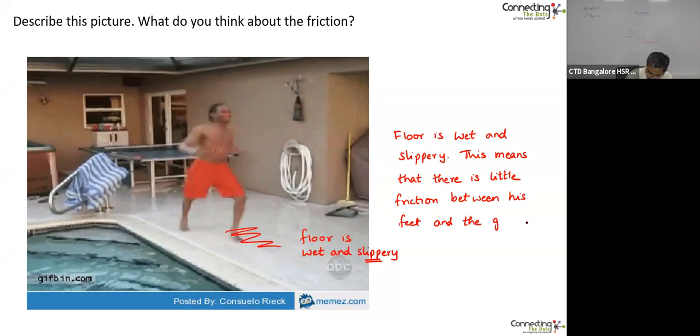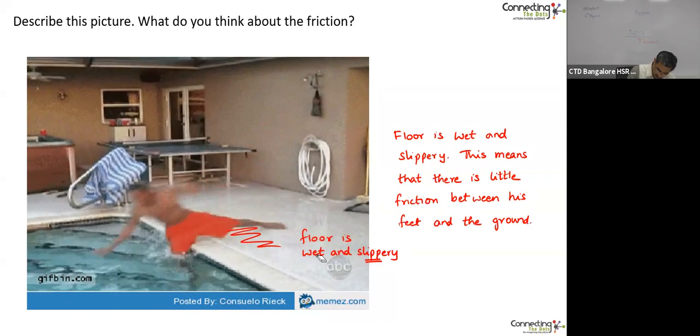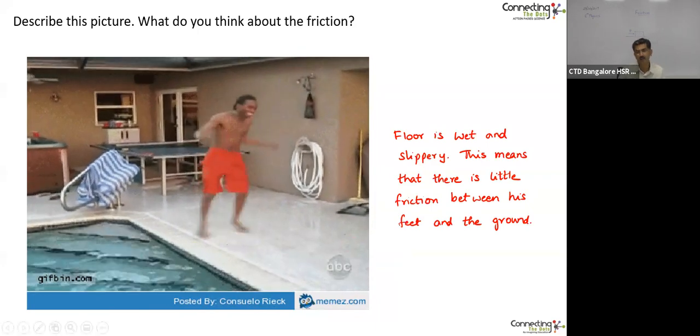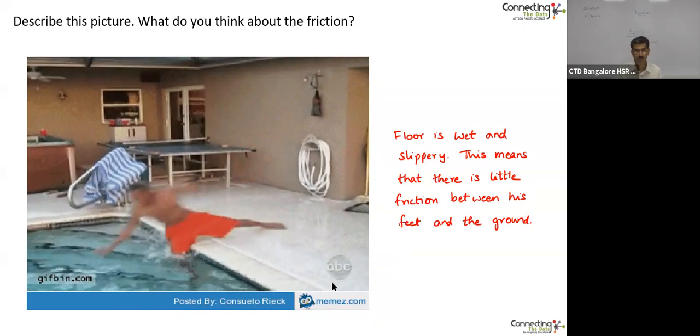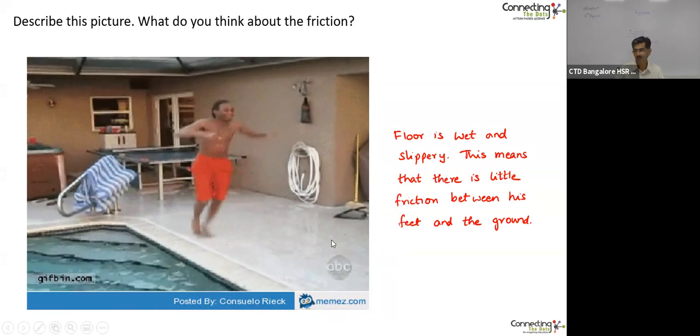And that is why he slips and falls. So when we say the floor is slippery, it means that there is very little friction. So you have to be careful walking on such a floor.